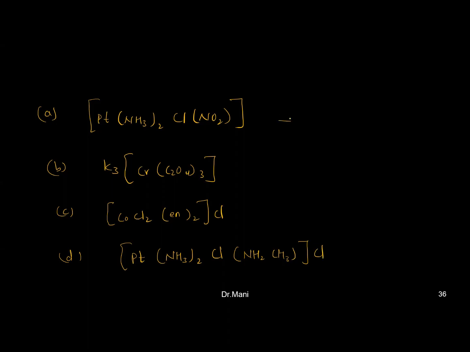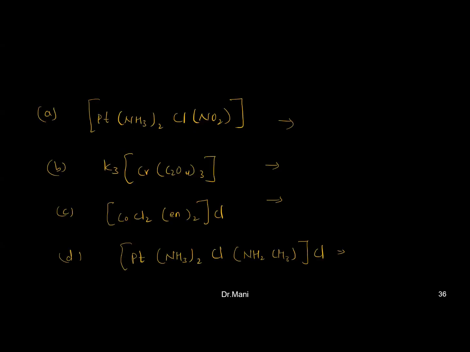So tell me what are these names? Not only that, including their oxidation number, you should calculate and let me know. Understood? So also find out their oxidation number and tell me what is their IUPAC name.